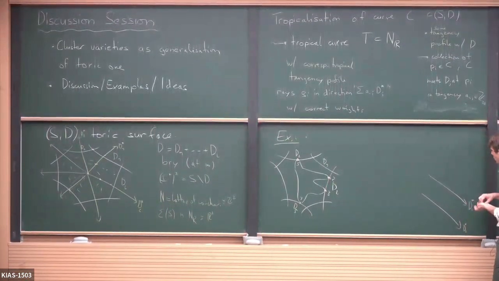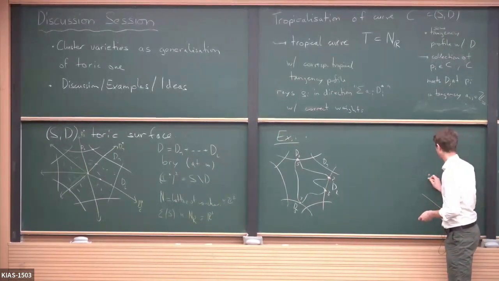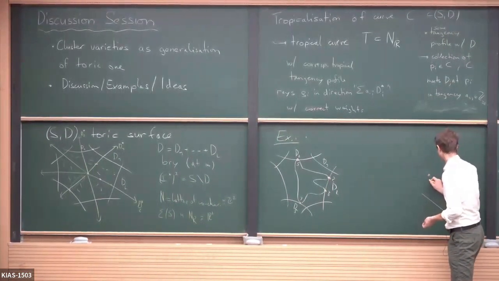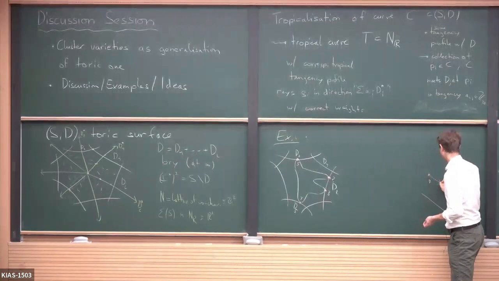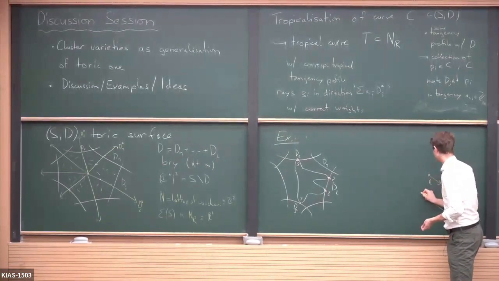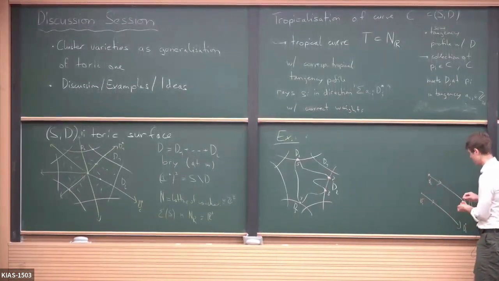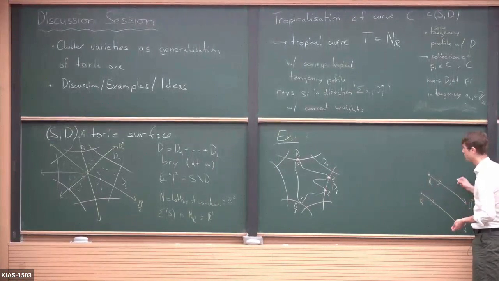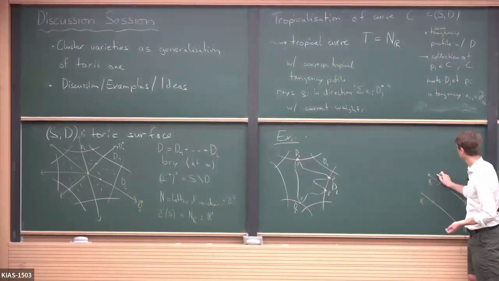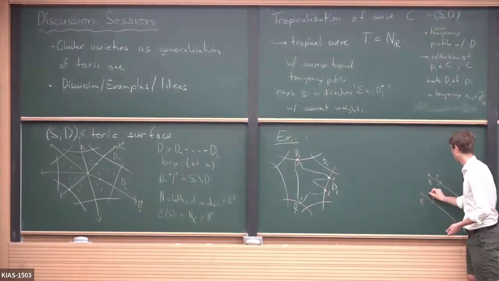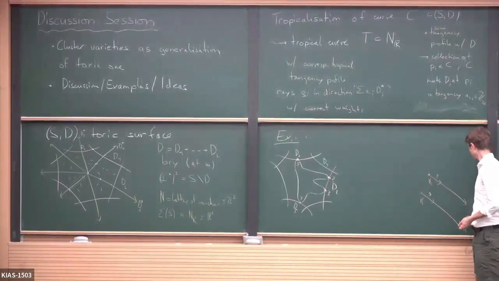And then they carry weights. If I take the first integer point, the primitive point on this ray, I have the direction DL dual, and then it carries a weight, which is 2 here and 3 here. Okay?